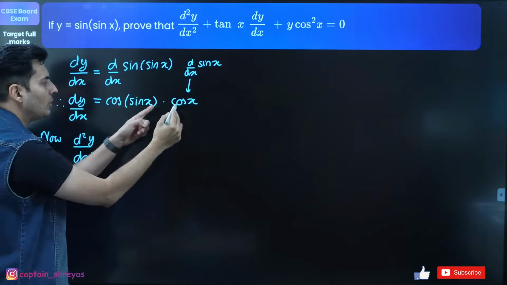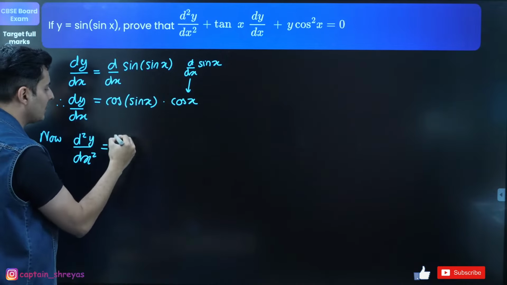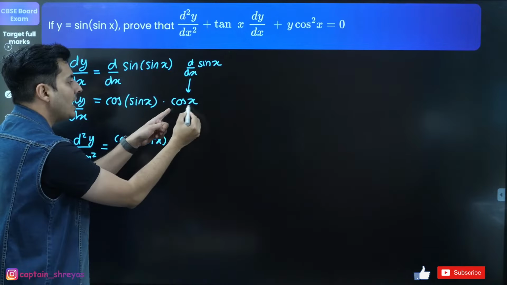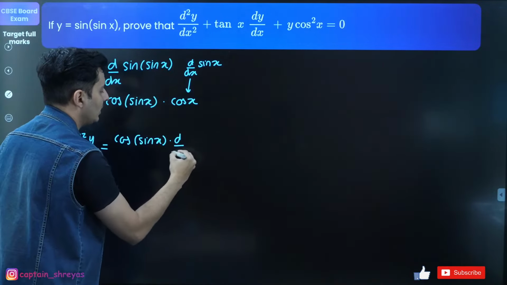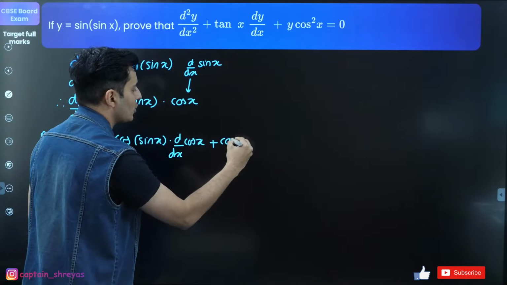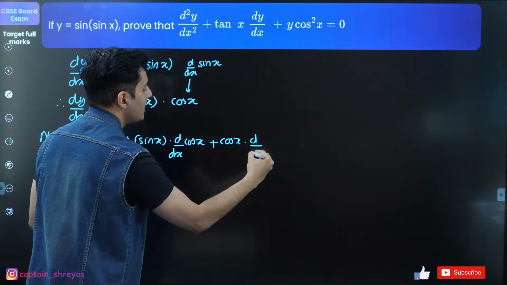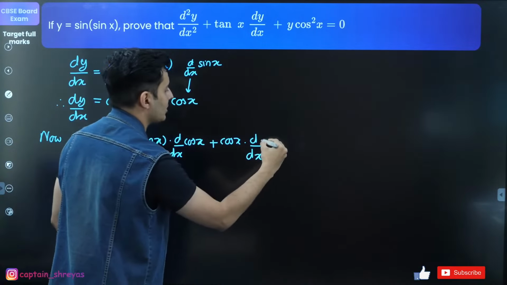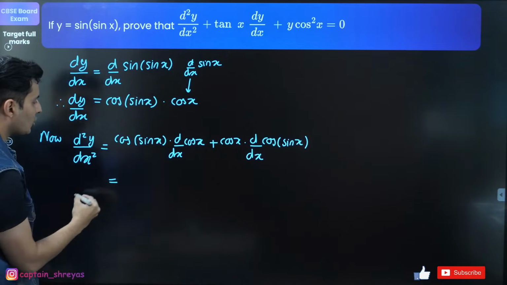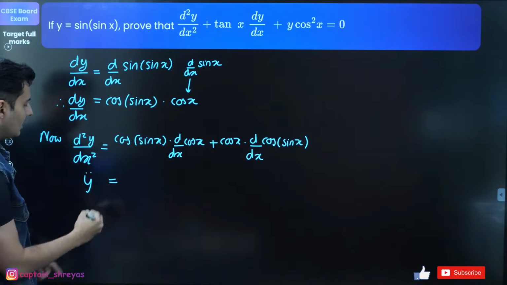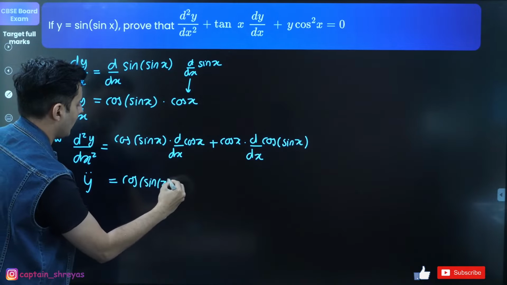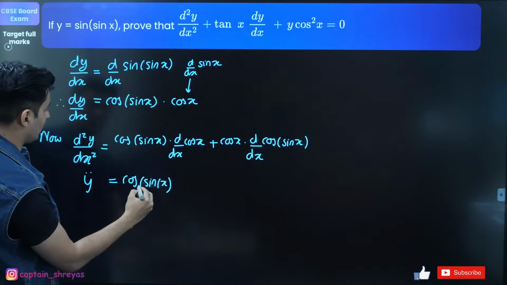So u into v derivative will be u, which is cos of sine of x, into derivative of cos x, plus second function, which is cos x, into derivative of this guy, which is cos of sine of x. Crazy expression. So this is the second derivative.